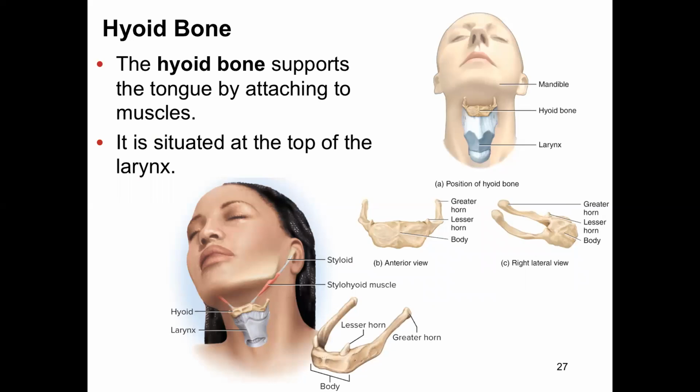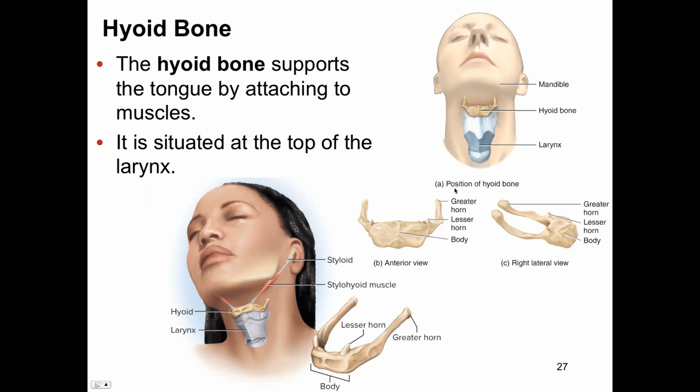The hyoid bone, this is a really weird one. As I mentioned already, it does not articulate with any other bone. It is basically being supported by connective tissue. You can see the stylohyoid muscle, so the styloid process and the hyoid bone here, and you can see the different features on the hyoid bone.